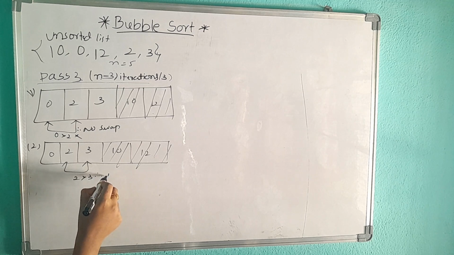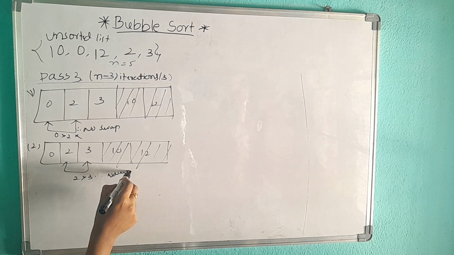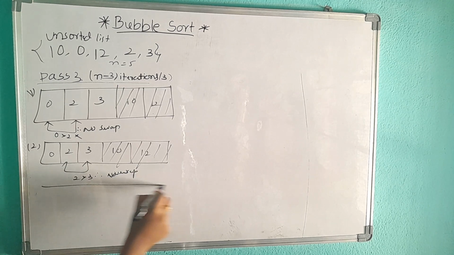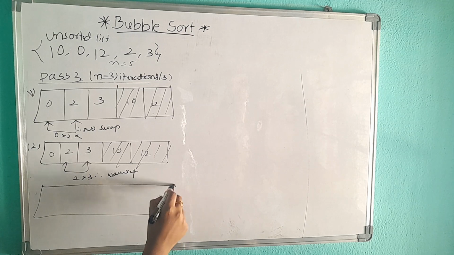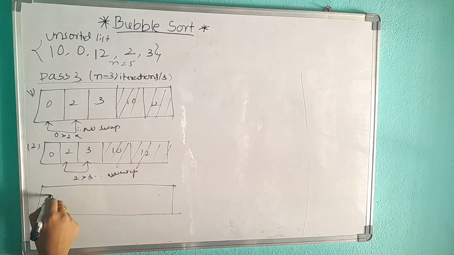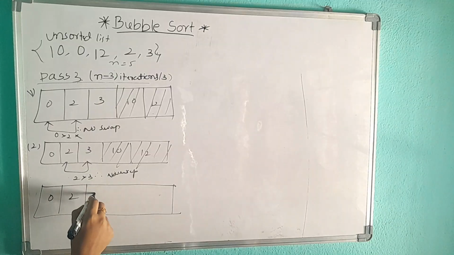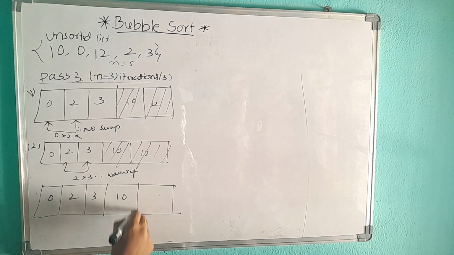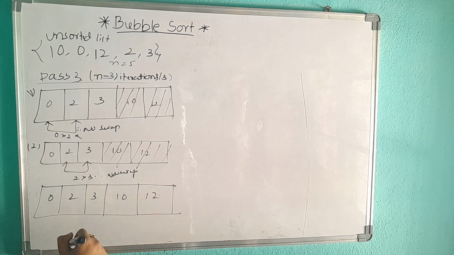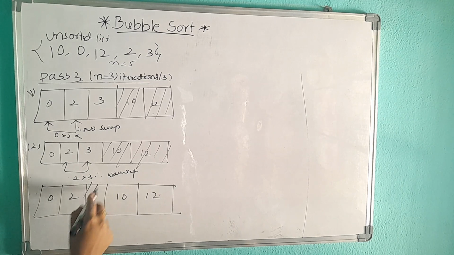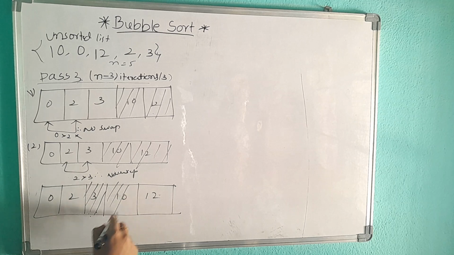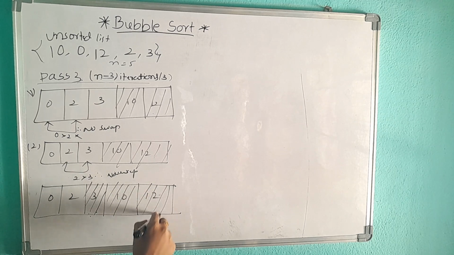No. So no swapping is required. And the resultant list after completion of the third pass: 0, 2, 3, 10, 12. After completion of the third pass, the third greatest element will be in its sorted position. These two elements are already fixed.